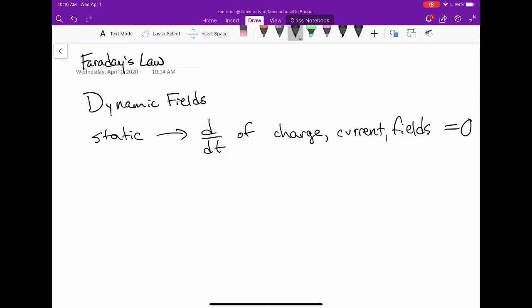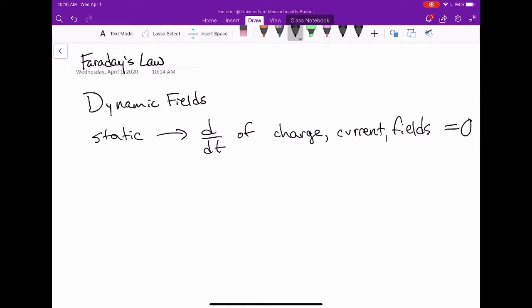In this case, that's not going to be true anymore. And that is because Faraday's law specifically refers to the time derivative of a field quantity.